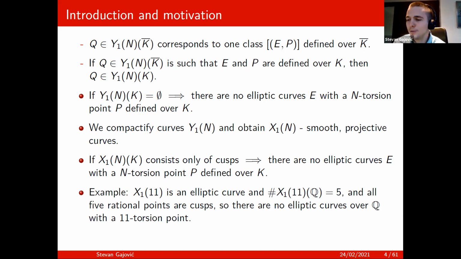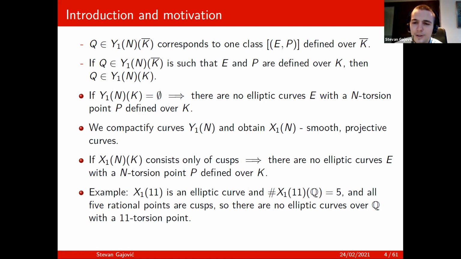Nowadays, it's a very interesting question to extend it to small degree number fields. And there was a recent result last year where they computed the classification of all possible torsion subgroups of elliptic curves over cubic fields. I will tell something about it later.